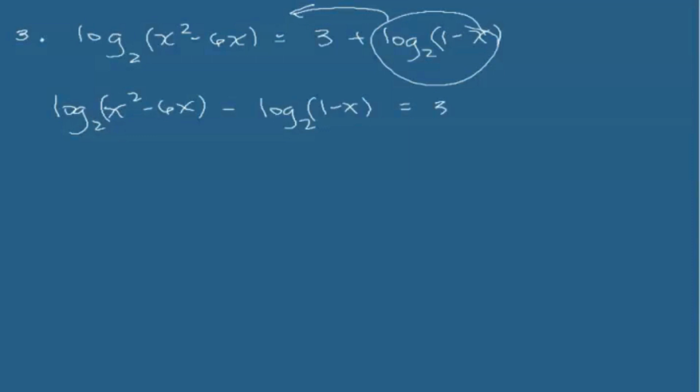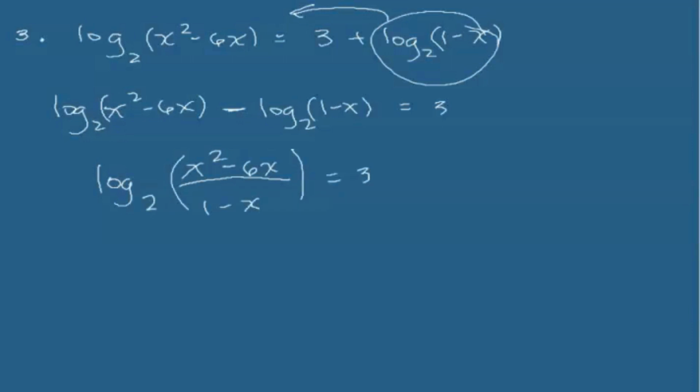Recall the quotient law of logarithms. If it's minus, it means division. So logarithm of x squared minus 6x over 1 minus x to the base 2 is equal to 3.